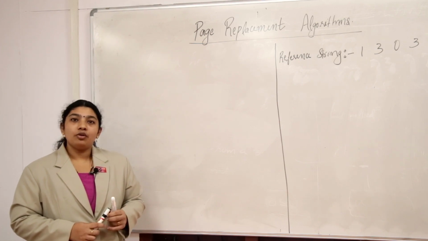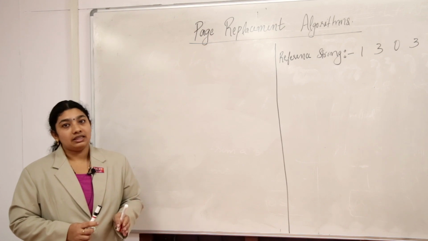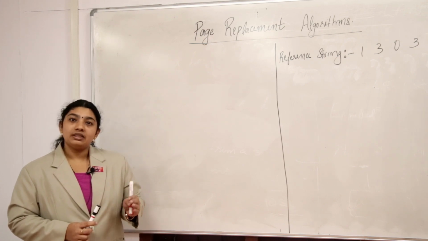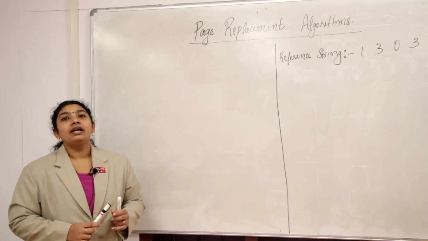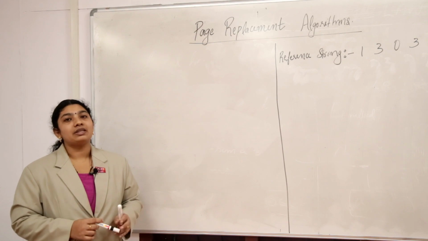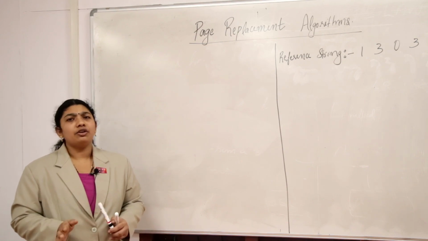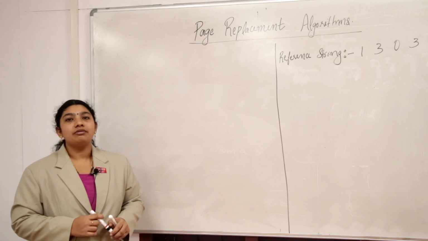Whenever the CPU requests a page, first of all we check the physical memory. If the page is present in the physical memory, that is called a page hit. We need not do anything; the page can be accessed directly from the physical memory.